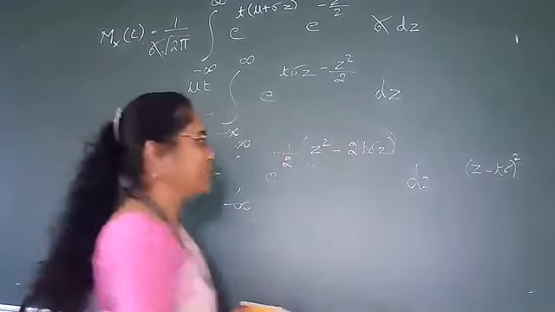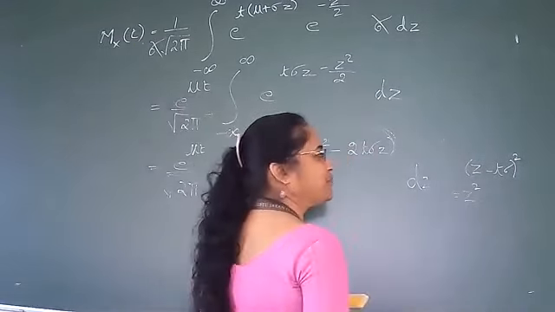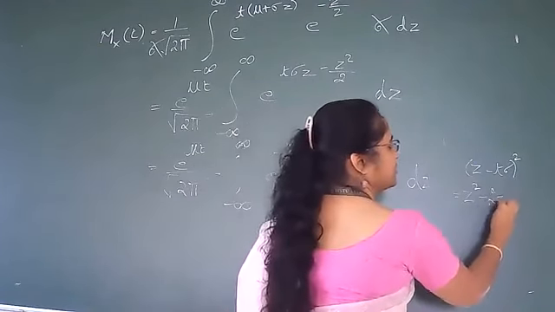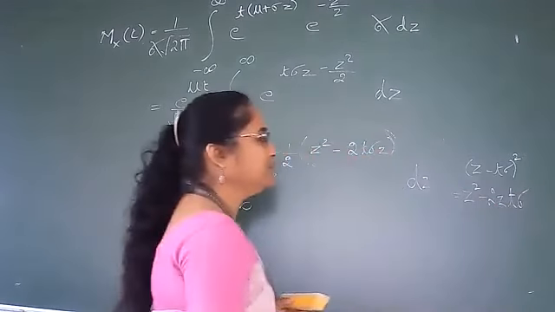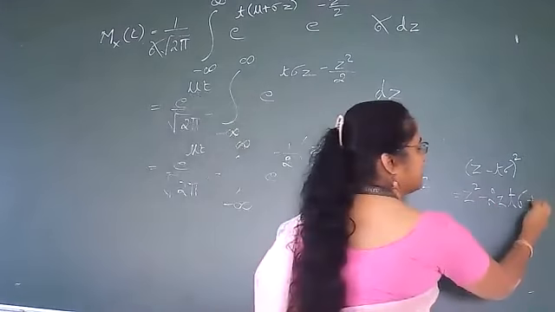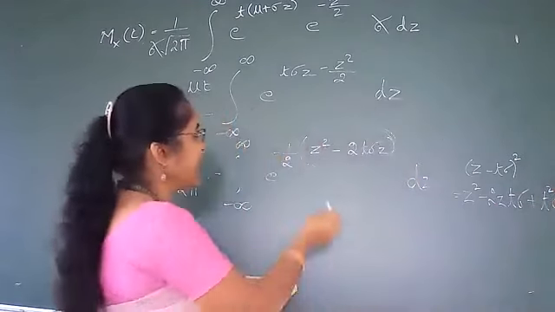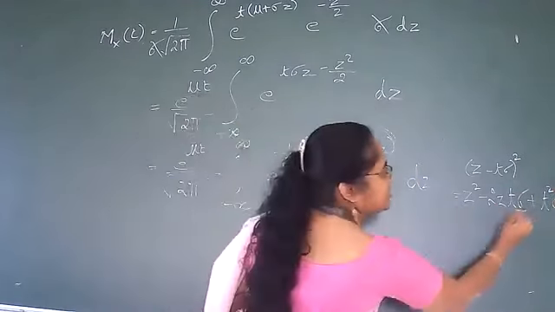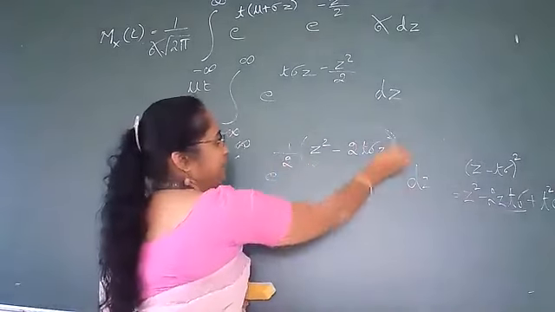What are we going to get out of it? This is going to be equal to z squared minus 2z sigma t plus t squared sigma squared. So what I have over here are these two terms, right? So I can replace this.